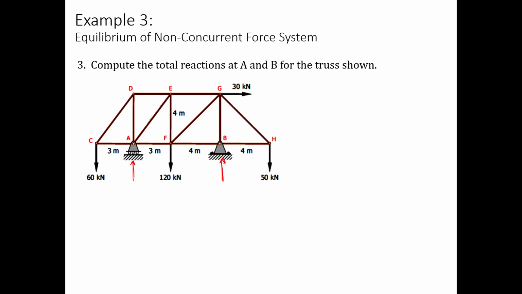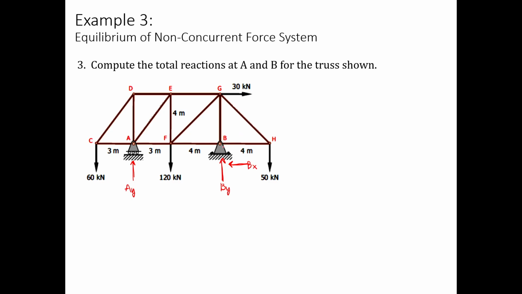As you can see in the external force, 30 is going to the right. So it's safe to say that the reaction force of the hinge is going to the left to negate this 30 kilonewton force going to the right. This one is A sub y, this one is B sub y, and then B sub x.